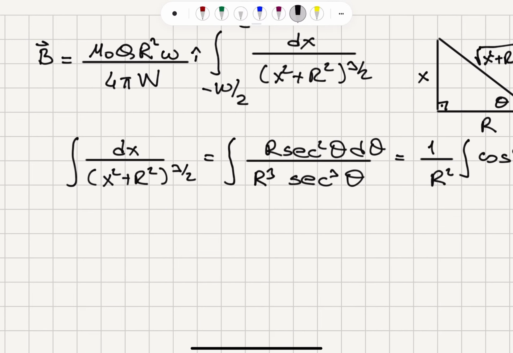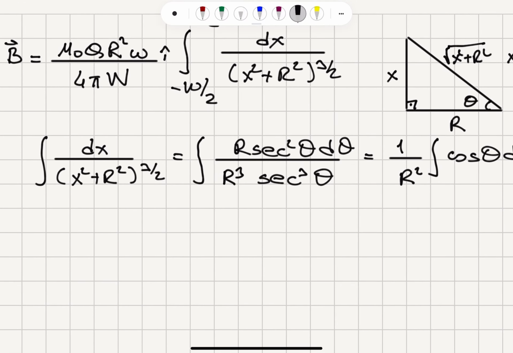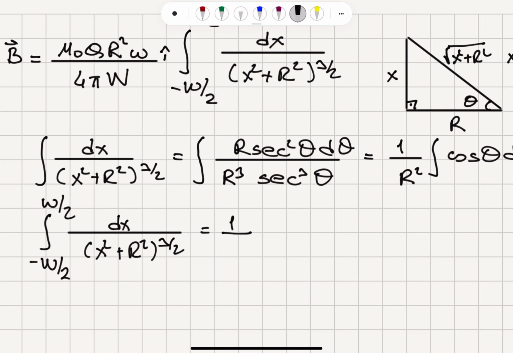So if I go back to my limits, what about the integral from minus w over 2 to plus w over 2 of dx divided by (x squared plus capital R squared) to the power 3 halves? This will be 1 over capital R squared.